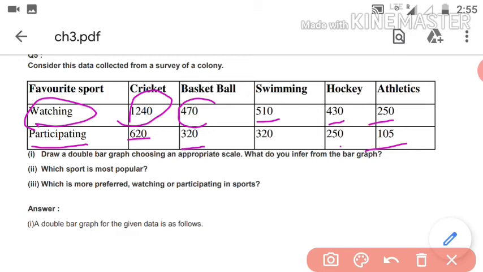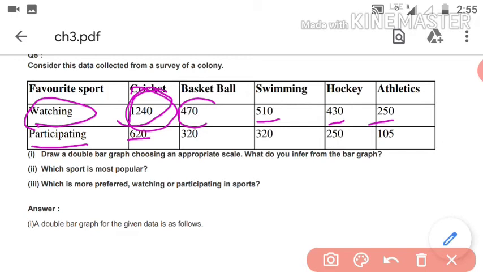Now draw a double bar graph choosing an appropriate scale. You have to choose an appropriate scale of your own. While choosing this scale, you have to see the highest value. What is the highest value here? Highest value is 1240. So you have to choose the scale bigger, okay? You have to choose 1 unit is equal to 50.